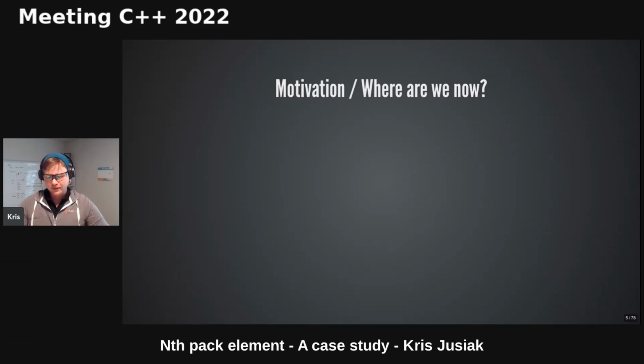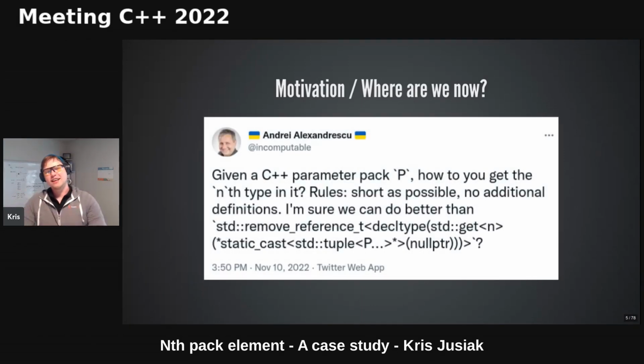So where are we now? I think Andrei Alexandrescu summarized that pretty well in a tweet recently. He asked, what's the simplest way to get the nth element out of the pack? That was his solution.